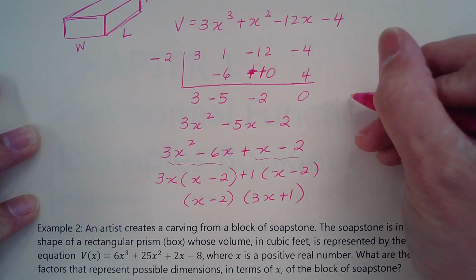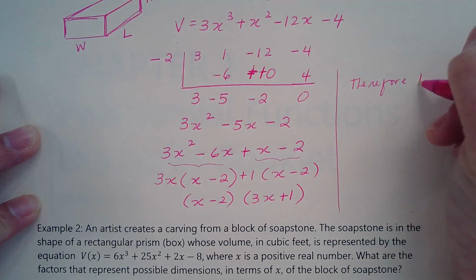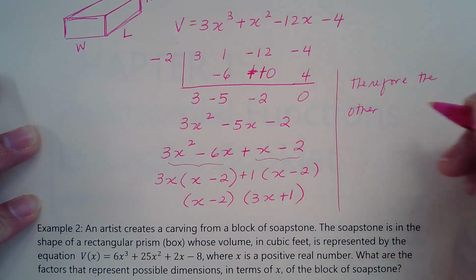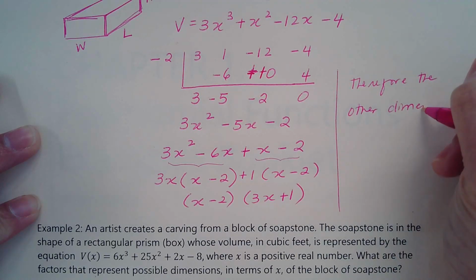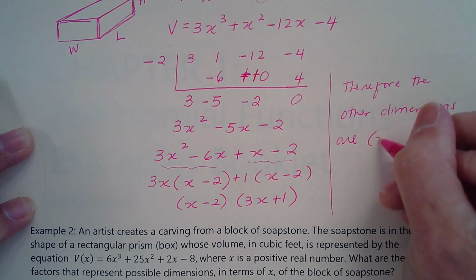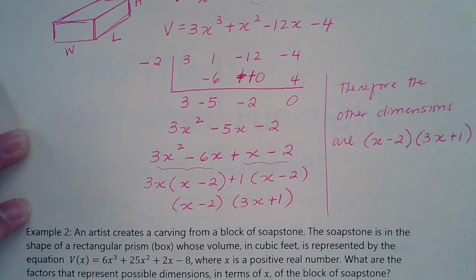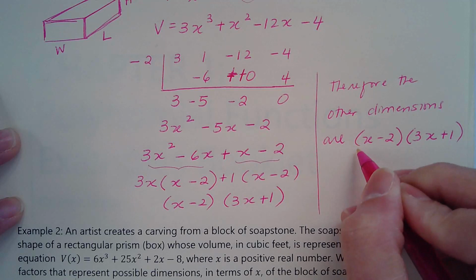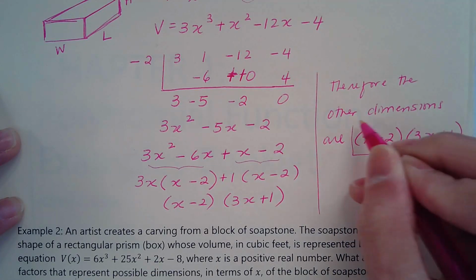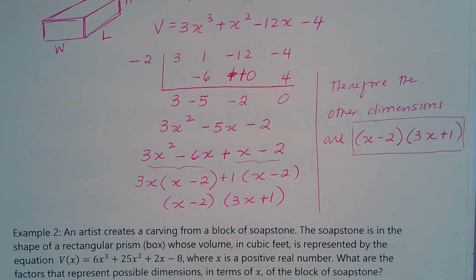Therefore, the other dimensions are x minus 2 and 3x plus 1. Okay, that's our answer. Is that okay? Yeah? Okay, good.